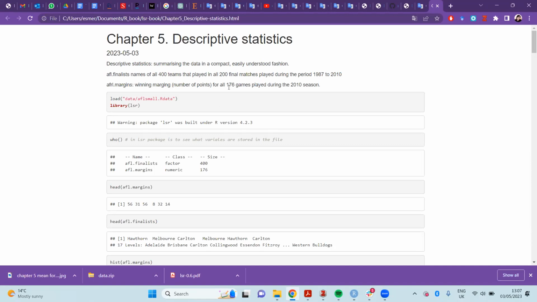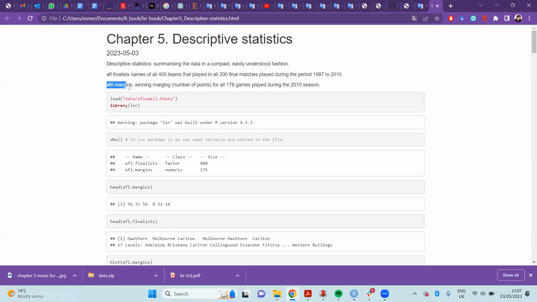So for showing what descriptive statistics is and how we can perform them in R, the book is using a couple of data sets. One is called AFL Finalist, which contains the names of the teams played in a season, or well, in a period between 1987 and 2010.